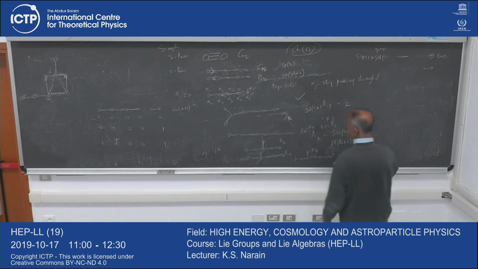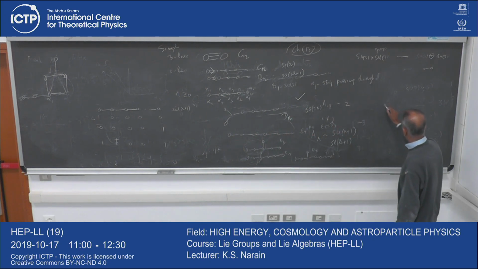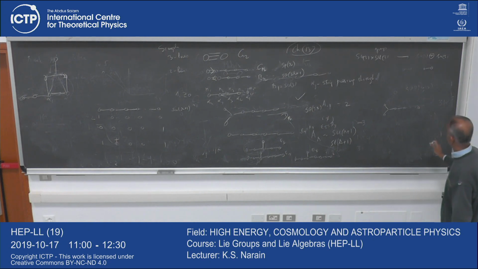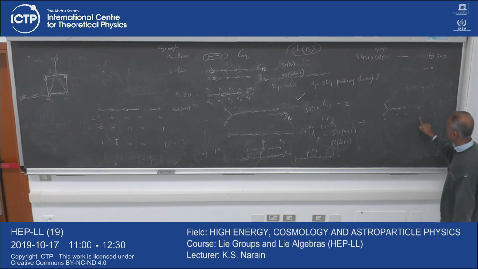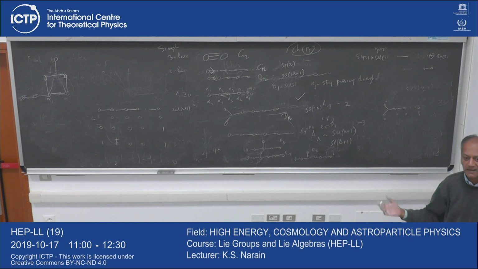And the way it works out is that if I draw this diagram, and if I put 1 and everything else 0 here, then this corresponds to the fundamental representation of the SO. What is a fundamental representation? Vector representation, right?